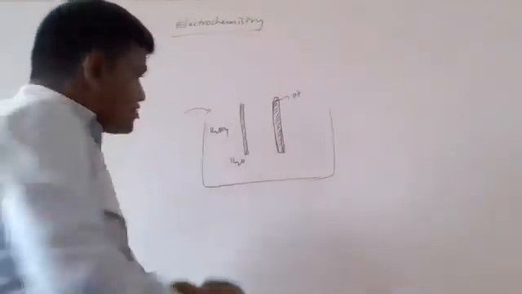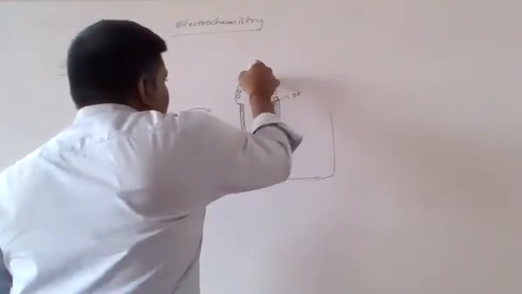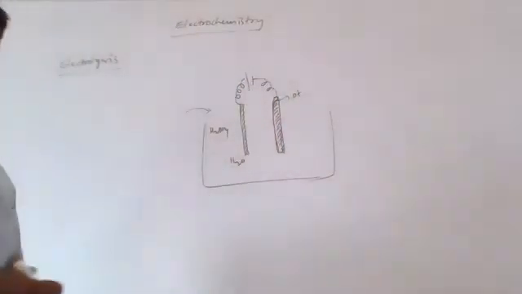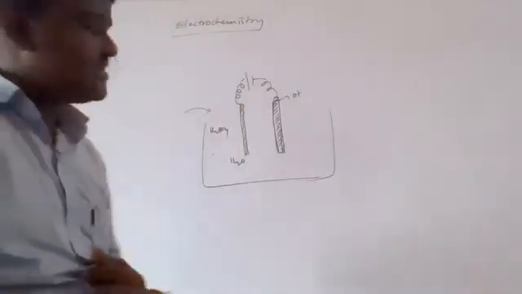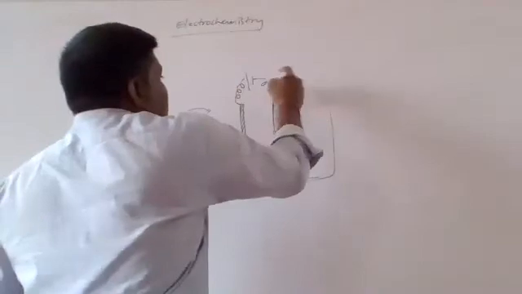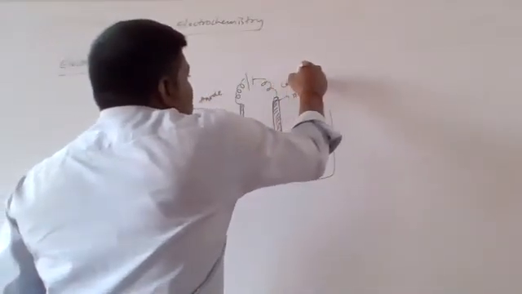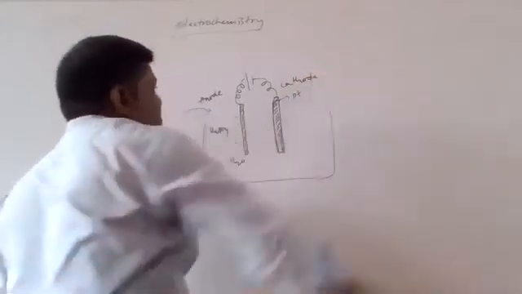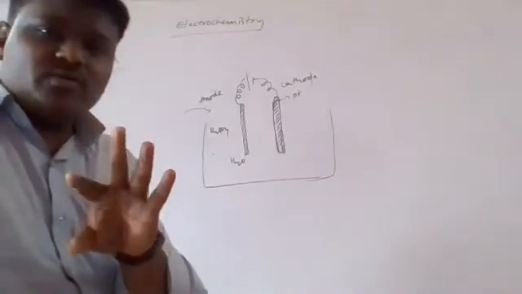Here one electrode behaves as the anode and the other electrode behaves as the cathode. This one is the anode and this one is the cathode.